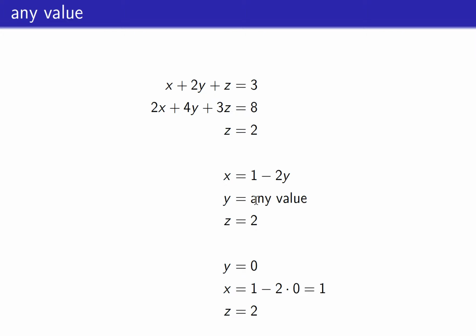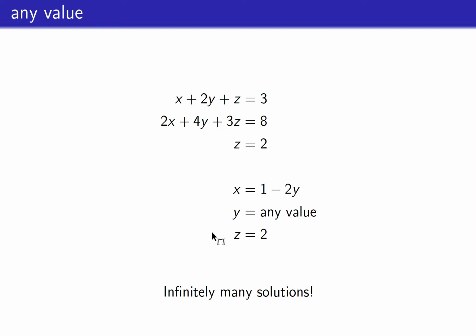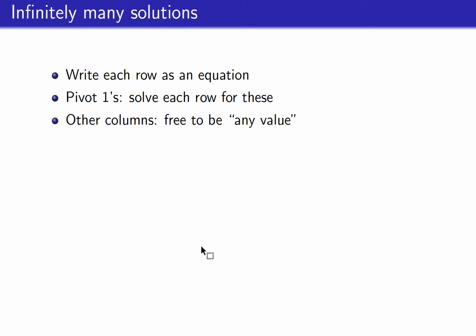And so you just plug in any number for y, and then plug it in here and here, and then you're going to get a solution. And you can try different numbers, see what kind of solutions you're going to get. There are infinitely many solutions here. So this is how we write it. Okay, we can't possibly list them all. We just write this down, and this tells us how to get all the solutions.